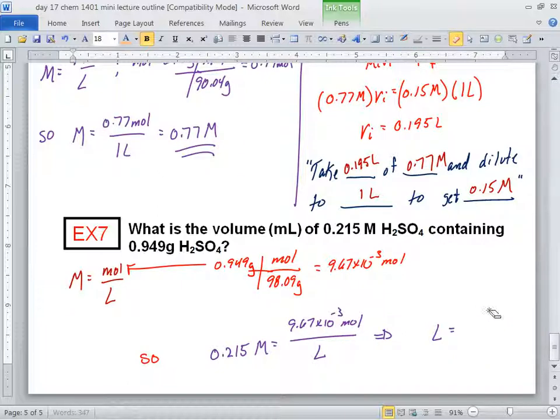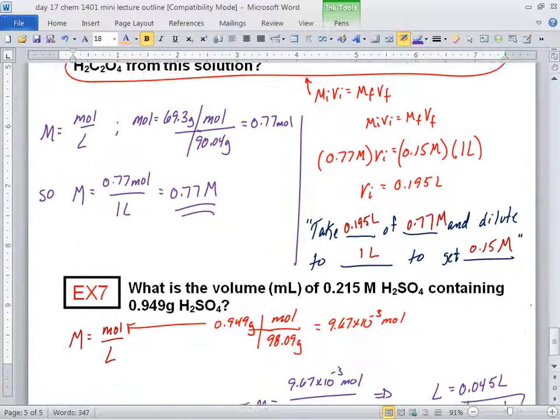Oh, they want the answer in milliliters, though. Did you get 45 mils for number 7? You okay with that? Lorraine, you got it?